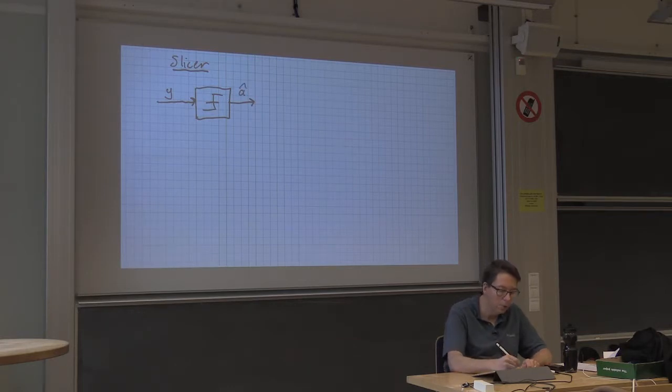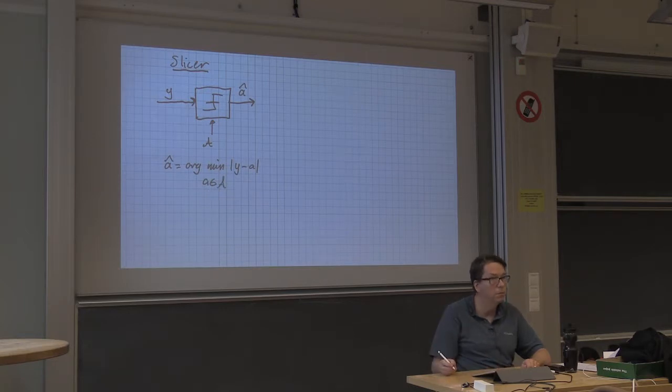Okay, and the output is the element in curly A which is closest to Y. So we look at the input and we look at all possible elements in A, and we spit out the element in curly A which is closest to the input. So in mathematical terms, A hat is the arg min of the distance between Y and A, where A is some element in curly A.